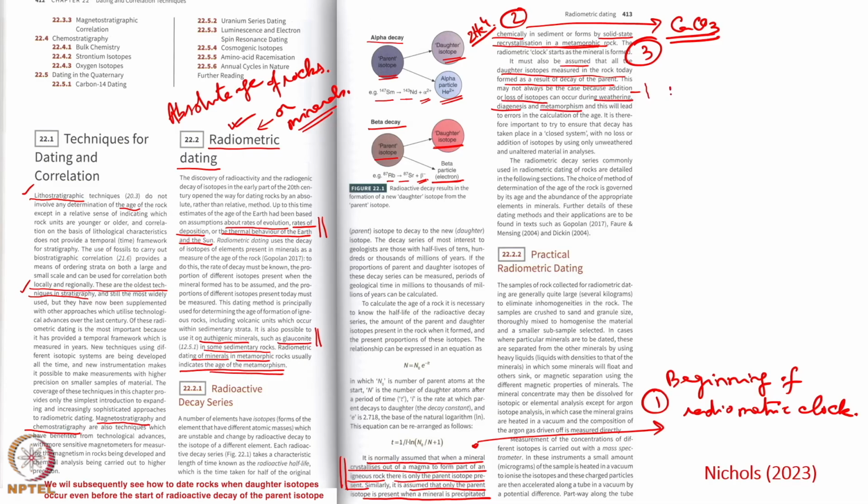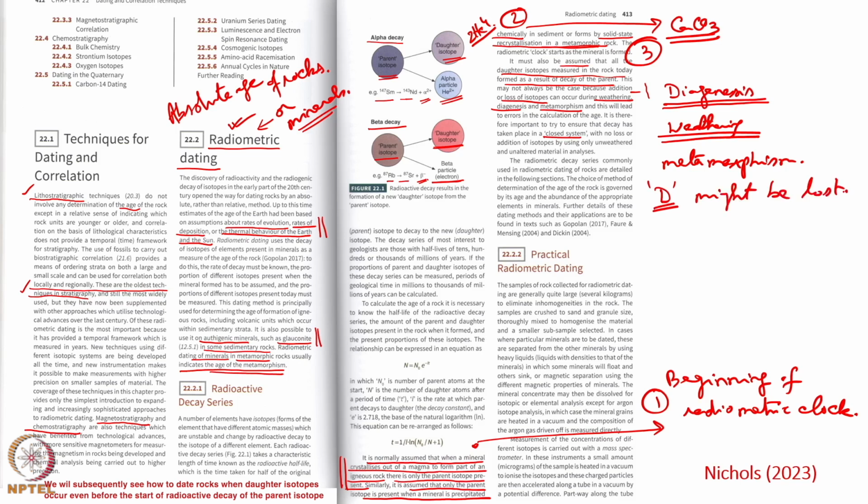The three processes: diagenesis, whereby loose sediments become more compacted and produce sedimentary rocks; weathering, which mostly happens at shallow crustal depth; and metamorphism can make the system open instead of a closed system, and in the open system these daughter isotopes might be lost. So, if geochronologic dating is done on a weathered rock, a rock that has undergone diagenesis in certain cases, and a metamorphosed rock, we may not get the actual age of the rock, but a younger age can be obtained.